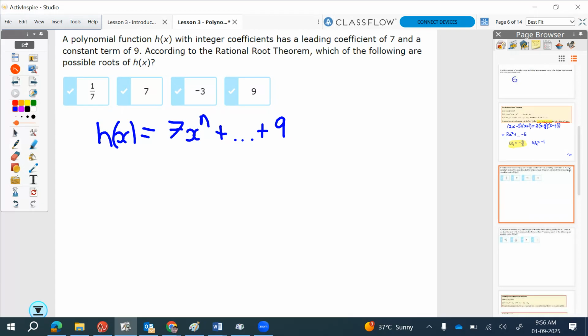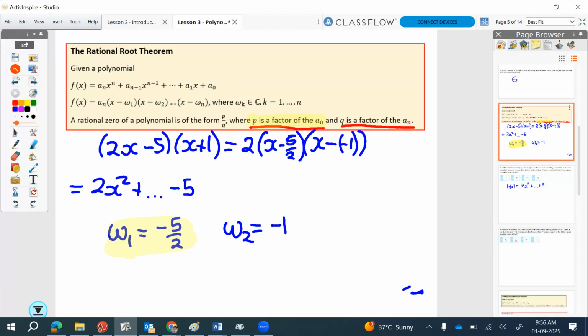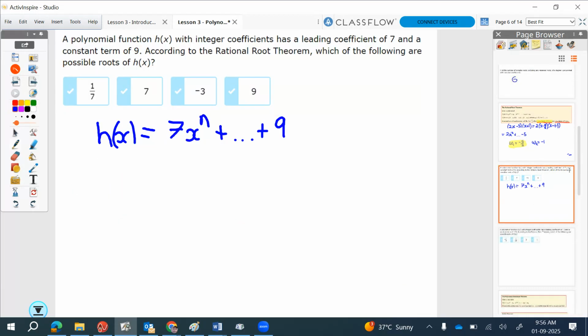According to the rational root theorem, which of the following are possible roots? So let's go back to the rational root theorem. P over Q, P is a factor of A0. Q is a factor of AN.